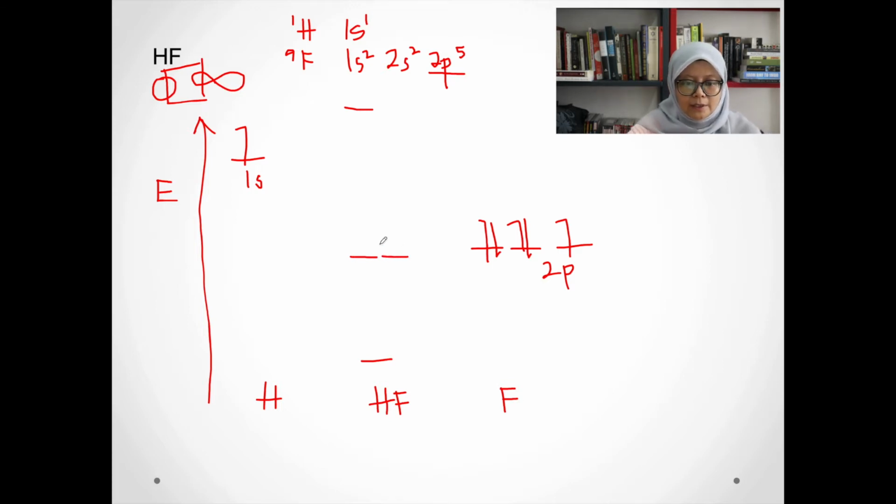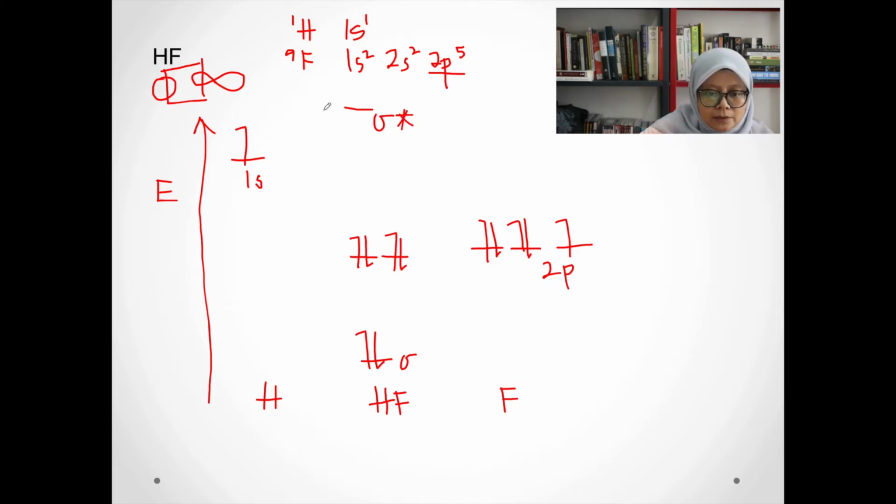Why? Because these are the orbitals that do not get involved in the overlapping. How many electrons do we have? 1, 2, 3, 4, 5, 6, so fill up. This one will be the sigma, while this one will become sigma star.